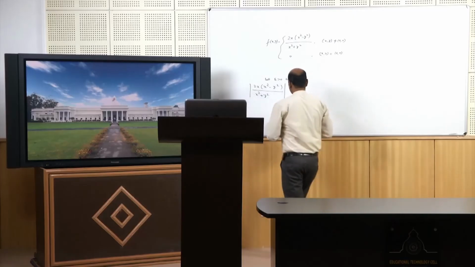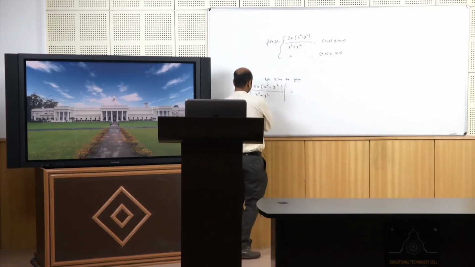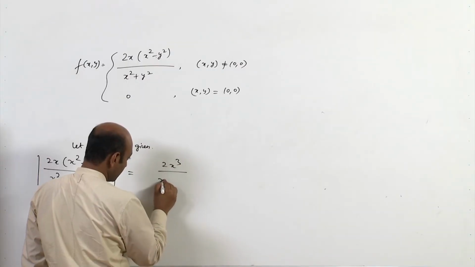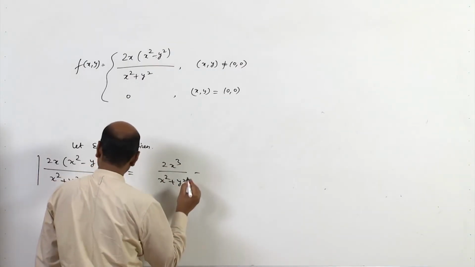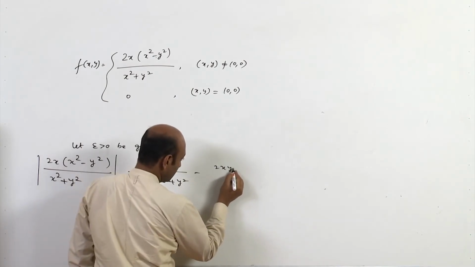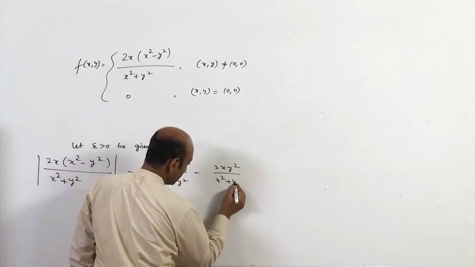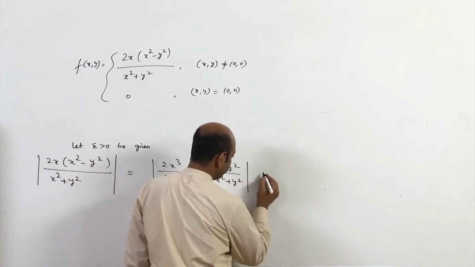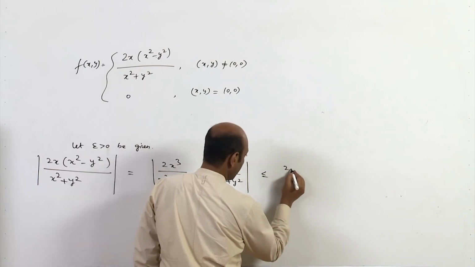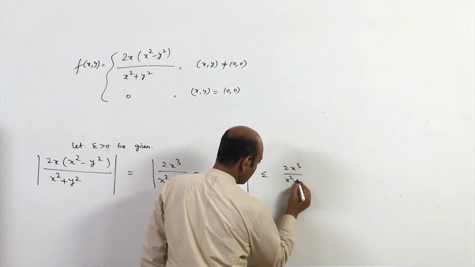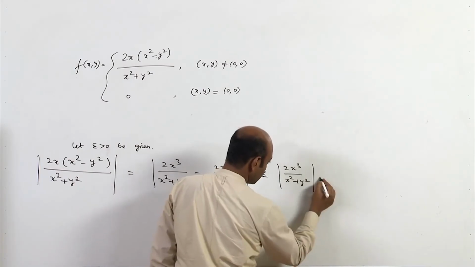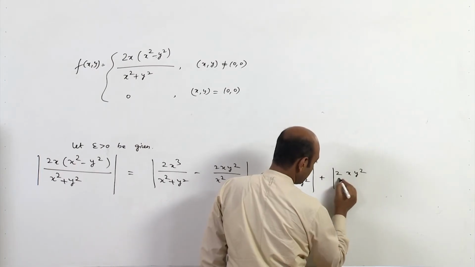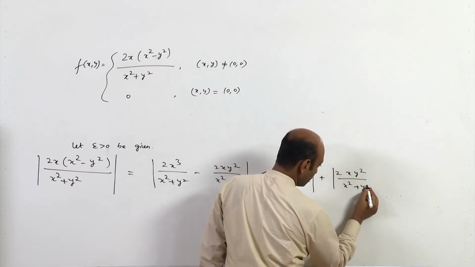Okay. Now, this quantity is equal to the modulus of 2x cube upon x square plus y square minus 2xy square upon x square plus y square, which is less than or equal to the modulus of 2x cube upon x square plus y square plus the modulus of 2xy square upon x square plus y square.